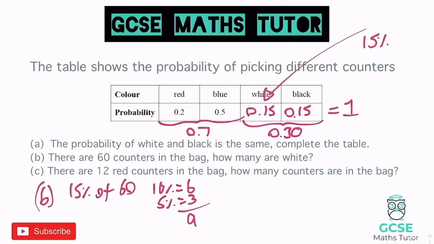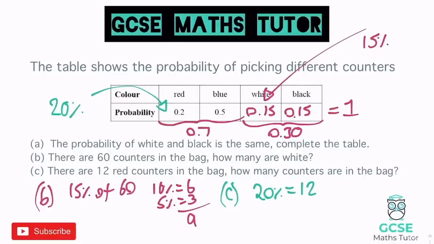Now part C here, you won't be given this at the same time as question B because we already know that there are 60 counters in the bag, but it says that there are 12 red counters, and how many counters are now in the bag. So if we imagine this is a completely different question now, it's saying that red counters here, which is 20%, is now 12 counters. So all that's actually saying is 20% equals 12 counters. Now that's okay, we can turn that back into 100% quite nice and easy.